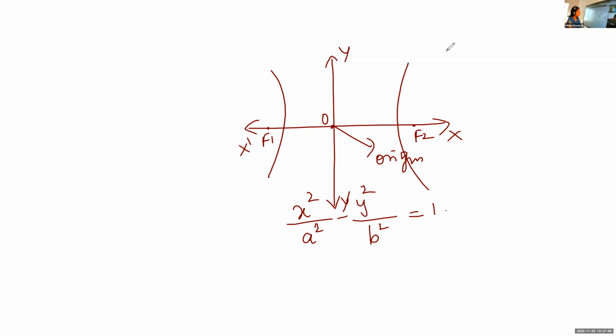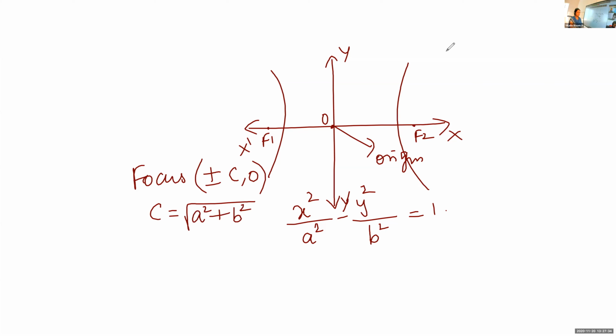We have two foci, with the same notation we used before: plus or minus c comma 0. What is c? C is root of a square plus b square.